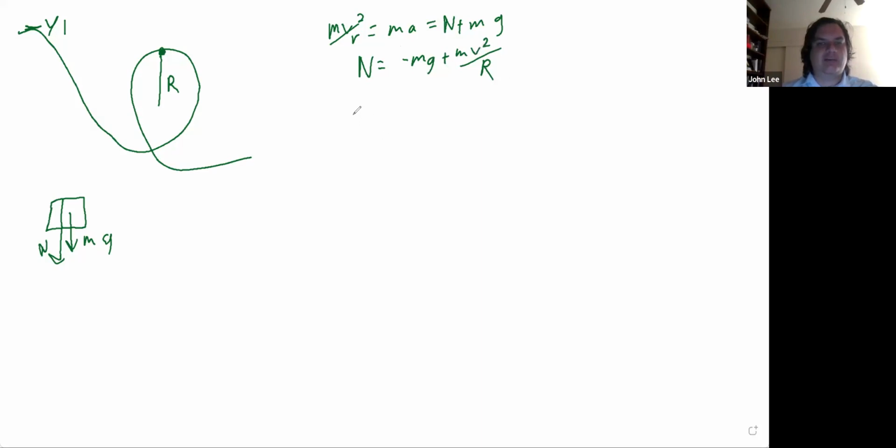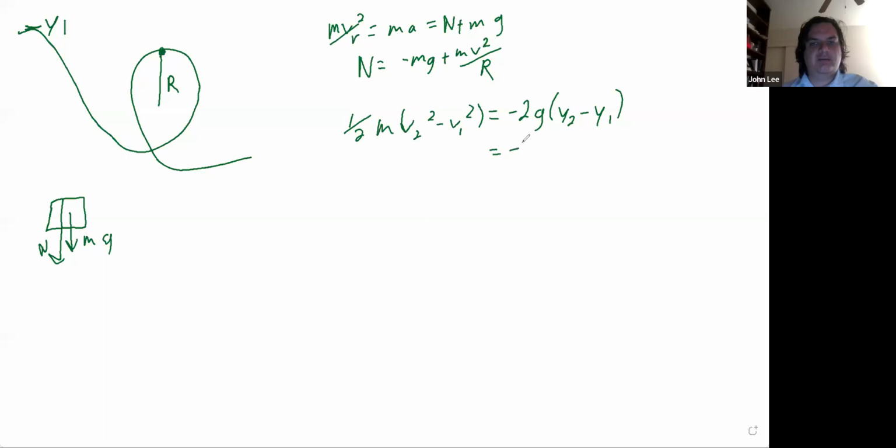So the way that we find the velocity at that point is to say that 1/2 m v2 squared minus v1 squared is equal to negative 2g times y2 minus y1, which is negative 2g times 2r minus y1, because we're measuring y from the base of the loop-to-loop, from the base of the roller coaster.